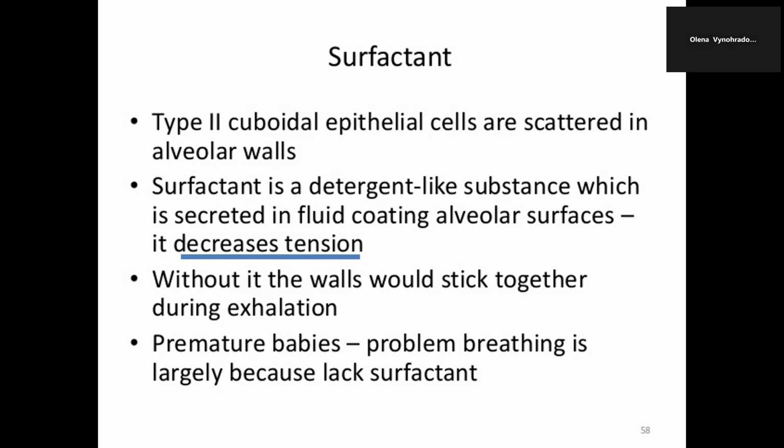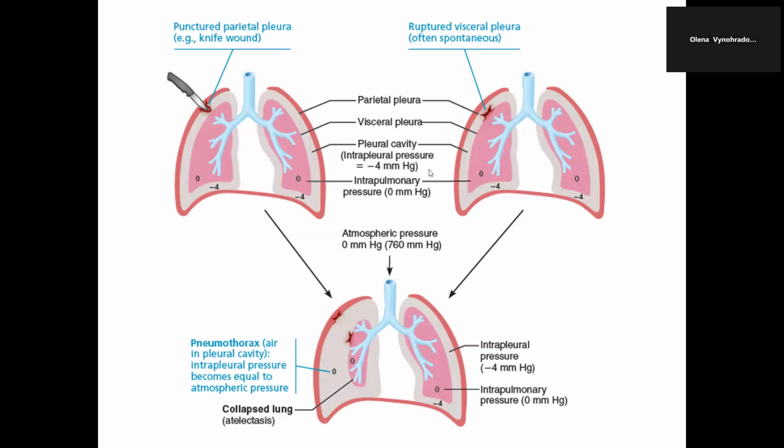Surfactant is a detergent-like substance which is secreted in the fluid coating the alveolar surface, and the main function of surfactant is decreasing tension. Without it, the walls would stick together during exhalation. For example, premature babies have problems with breathing because of a lack of surfactant. Their lungs cannot open and work clearly.